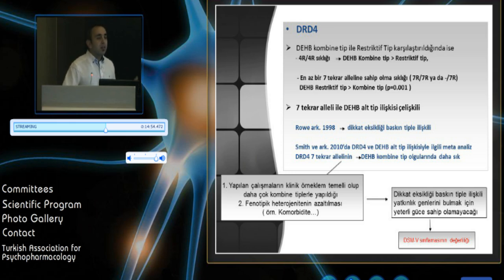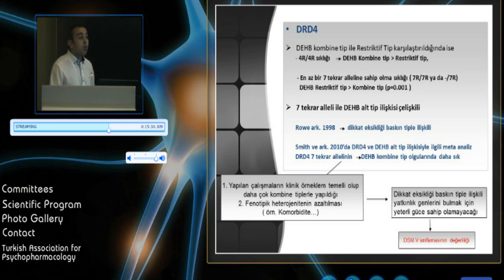7 repetition can be dominant according to some publications, but some say that it has something to do with the combined type. Rowe and his friends say that the attention deficit is related to the dominant type, but Smith and his friends in their study have shown that the DRD4 7 repetition allele is more frequent in ADHD combined type cases.